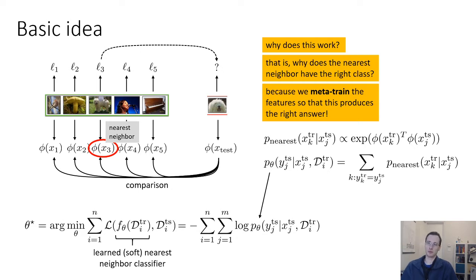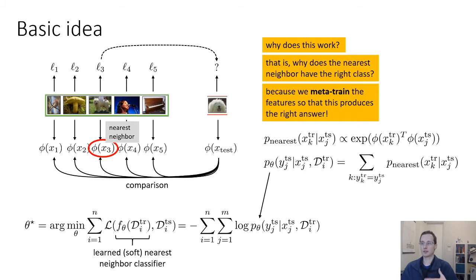And then we'll say that the probability of the label is a sum of the probability of each training point with that label being the nearest neighbor. So in the limit, as our softmax gets to be a hardmax, and only one point has a probability of 1 for being p nearest, then its label will also have a probability of 1 of being the correct label.